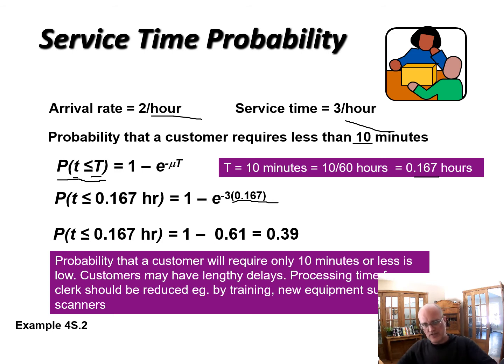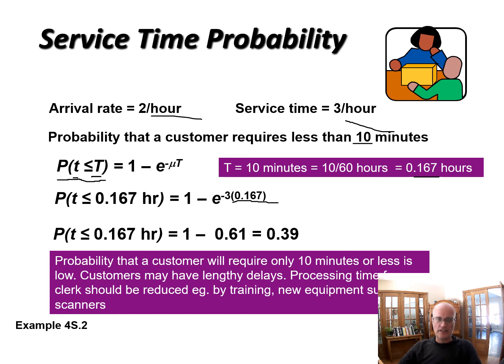I'll show you some examples in my next video where I work through them, but there are several different things we can do here with respect to calculating service time probability. Our expected service time is 20 minutes because we have an average of 3 per hour.